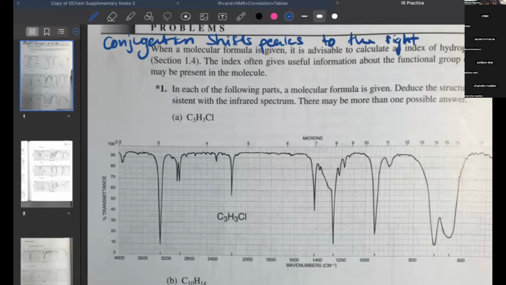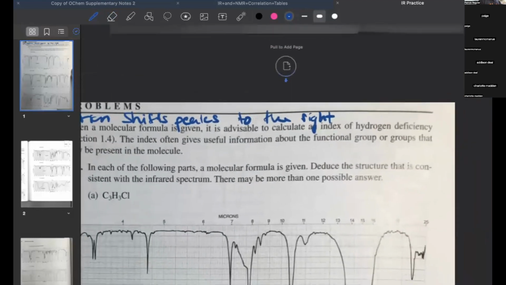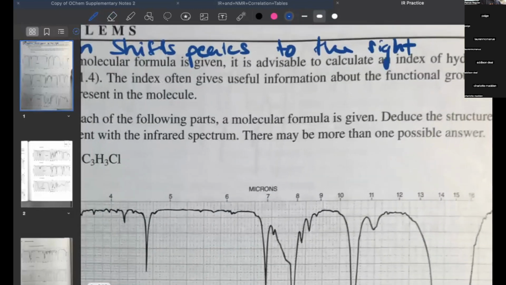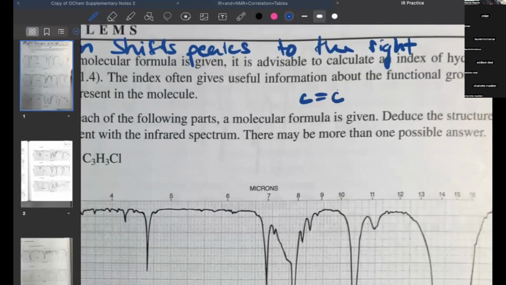What does this mean? For conjugation, when you have something like a C double bonded O, a classic carbonyl carbon, when the carbon and the oxygen are conjugated with other pi electrons, it's going to shift that peak to the right.